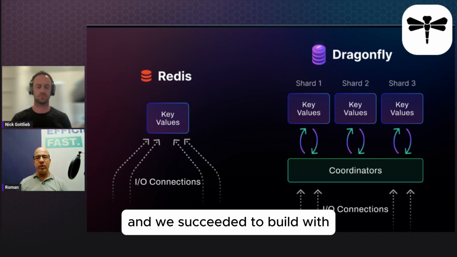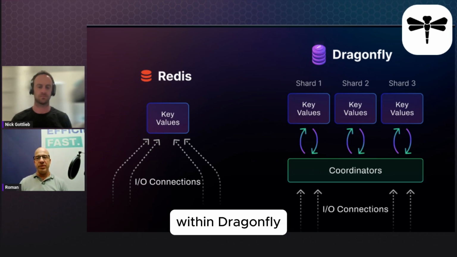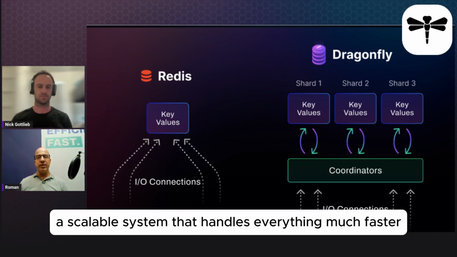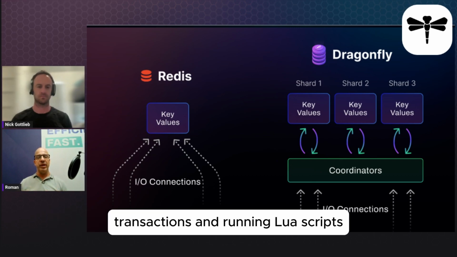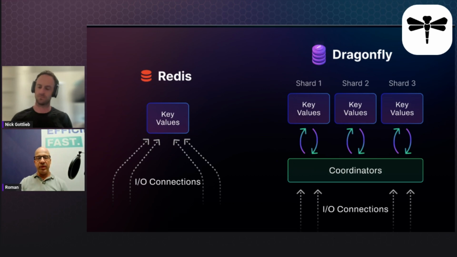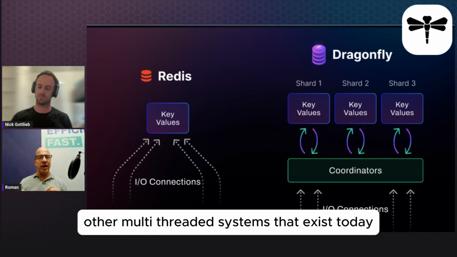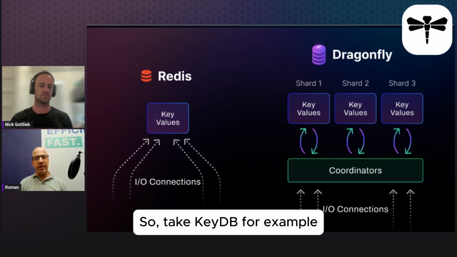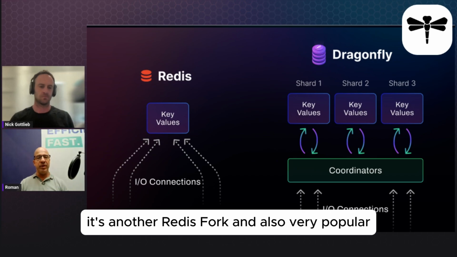And we succeeded in building within Dragonfly a scalable system that handles everything much faster, including multi-key operations, transactions, and running Lua scripts. And that's Dragonfly's unique edge. I just wanted to compare a little bit with other multi-threaded systems that exist today. Take KeyDB, for example. It's another Redis fork, also very popular.